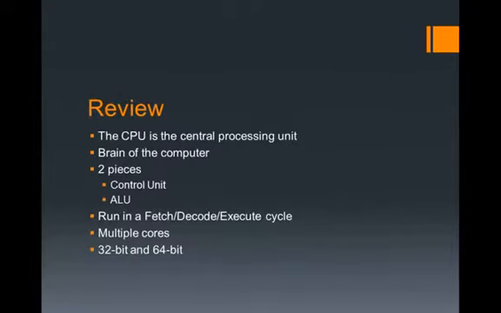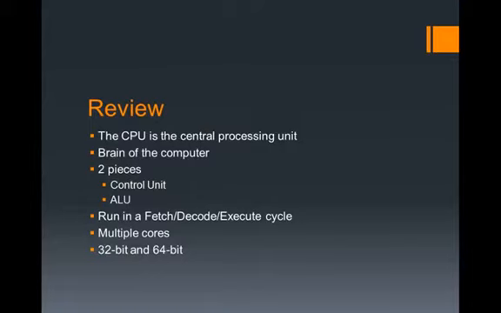Okay, so let's review. The CPU is the central processing unit. It is the brain of the computer. It has 2 pieces, the control unit and the arithmetic and logic unit, or the ALU. It runs in a fetch, decode, execute cycle, and the CPU is always in one of those steps.